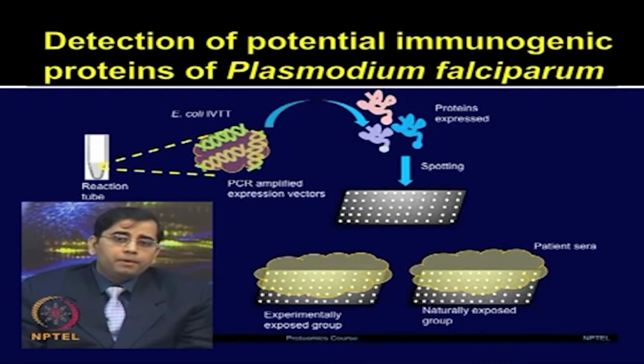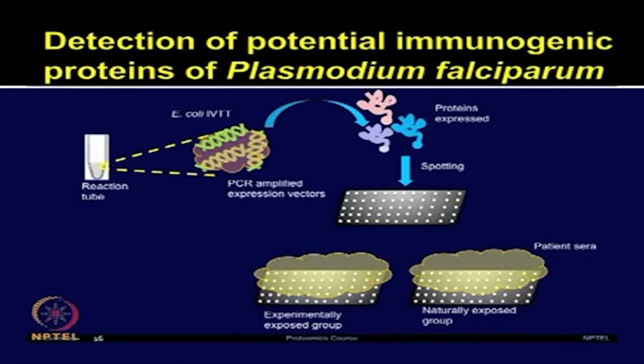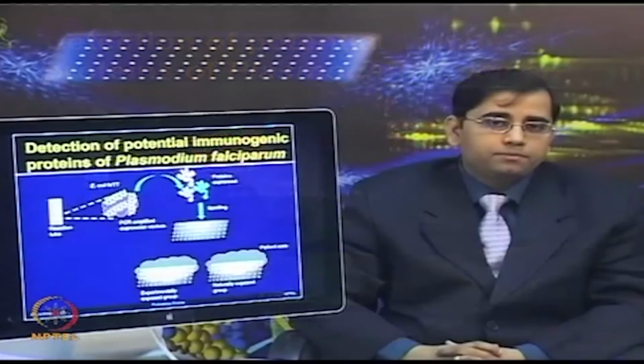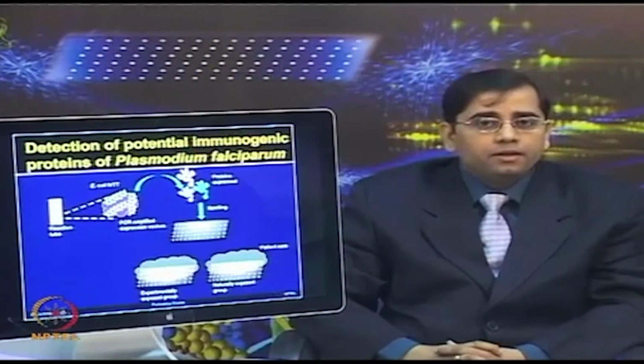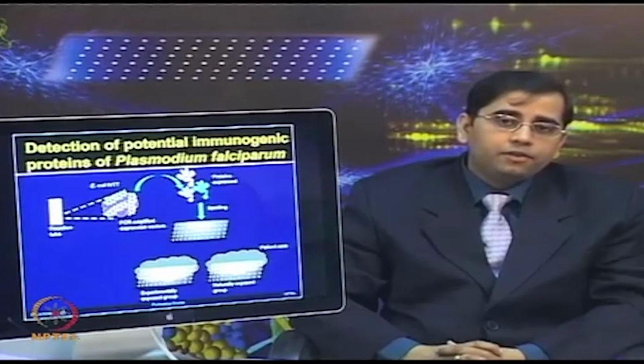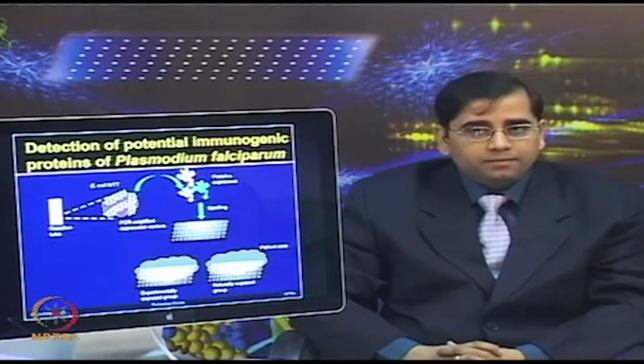Sera from malaria patients who have been exposed to Plasmodium falciparum either naturally or experimentally were screened by using protein microarrays. In this study, the authors identified 72 highly reactive Plasmodium falciparum antigens.